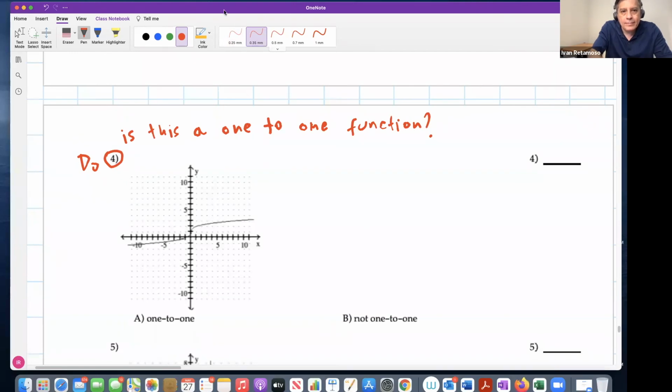Let's see. Activity on the chat room. Very good. Anyone who answered this question, could you explain why this is one-to-one? Or write something on the chat?